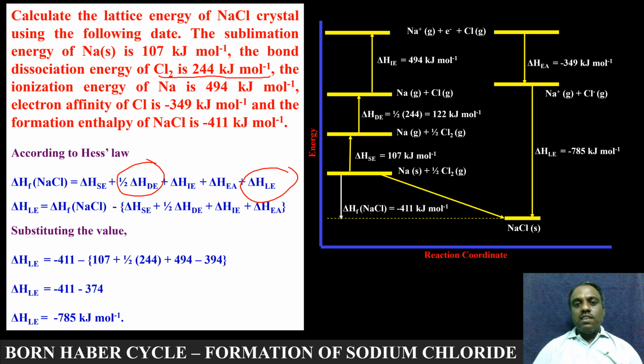Look at this, the sublimation energy, bond dissociation energy, as well as the ionization energy, all these are endothermic in nature, and on the other hand, electron affinity as well as the lattice energy are exothermic in nature. So the Born-Haber cycle is very helpful for the calculation of lattice energy of an ionic compound.